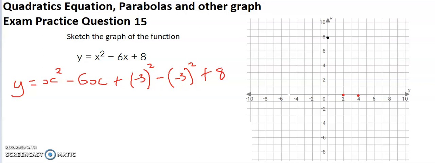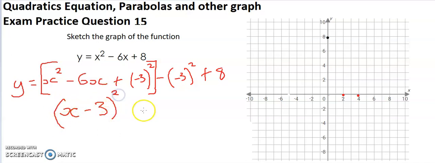So the next thing I'm going to think about is this part right here. If I factorize that, it is going to be (x - 3) in brackets squared. And I'm left on the outside with take away (-3) squared.